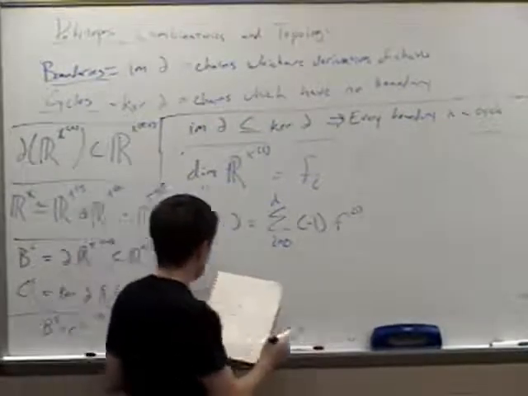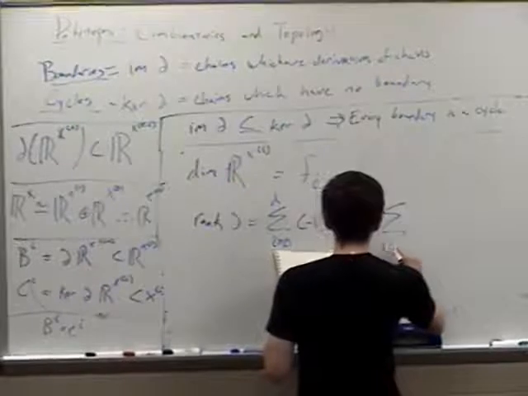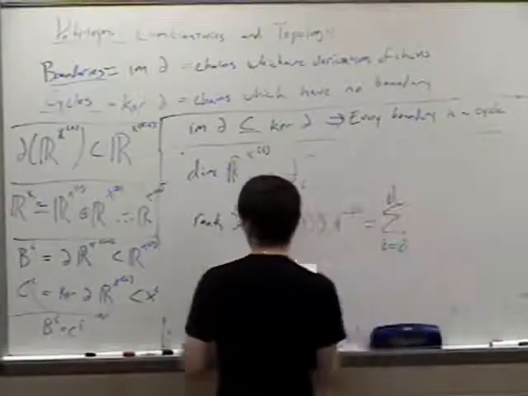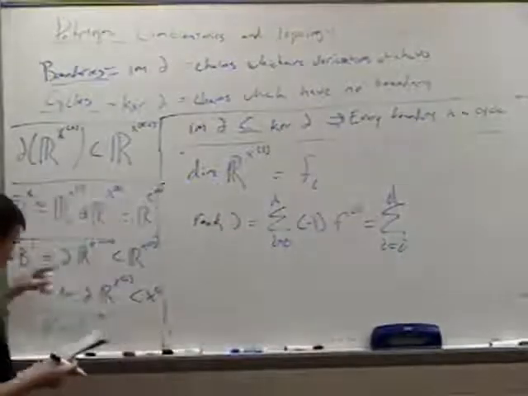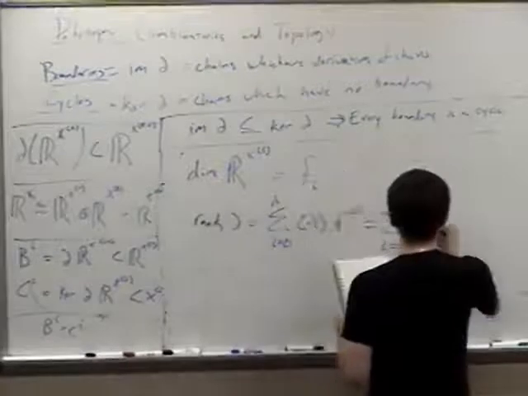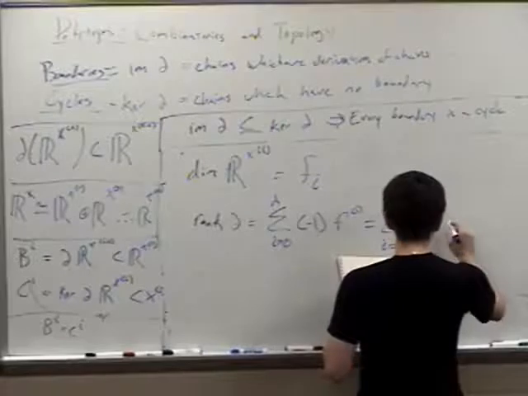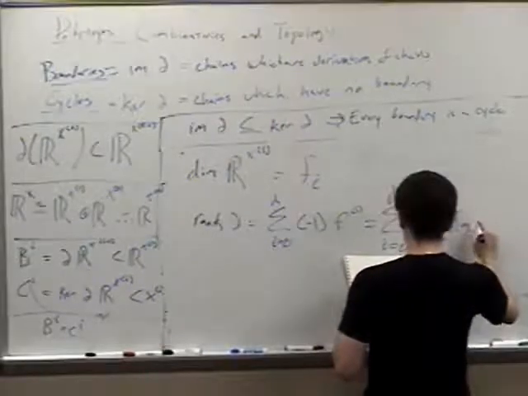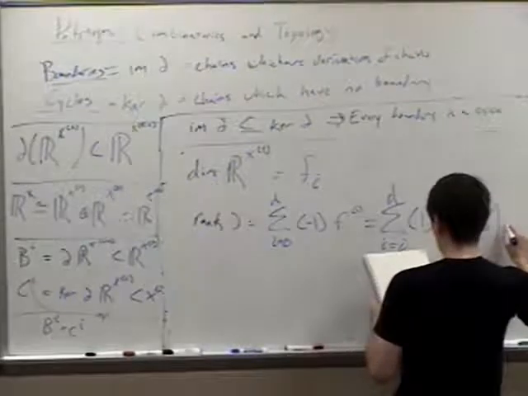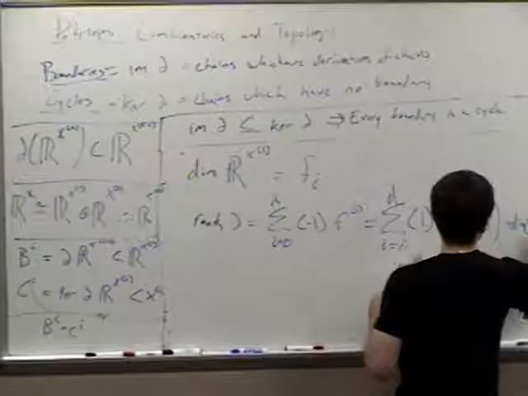Right, and if we sum this another way, by counting the boundaries and cycles, then this should also be equal to the sum of (-1)^i times the dimension of B_i plus the dimension of C_i.